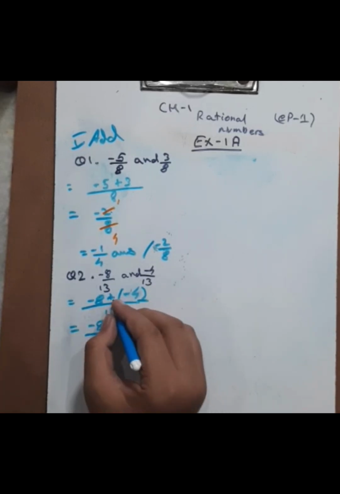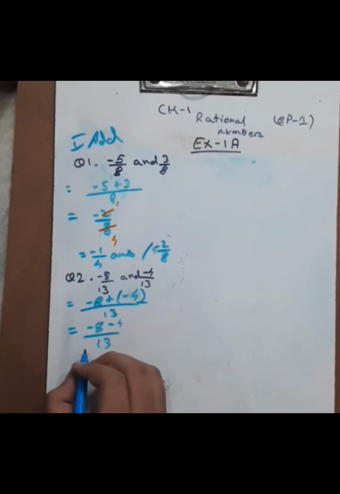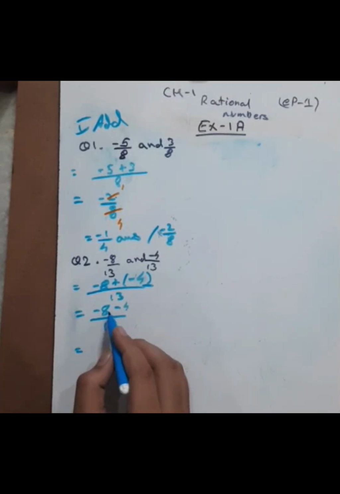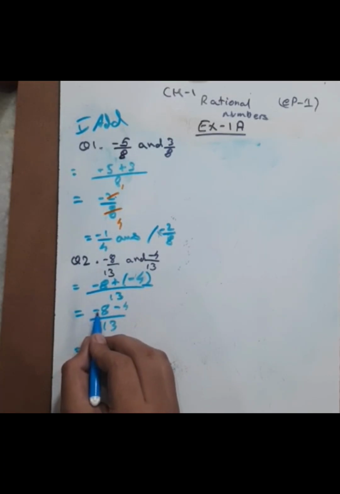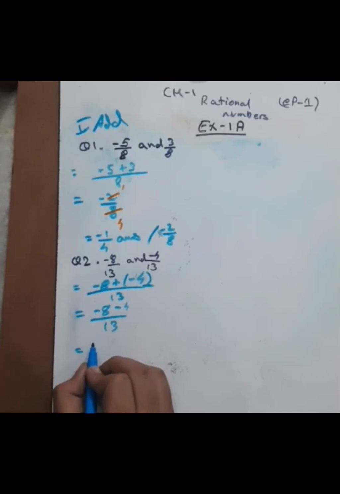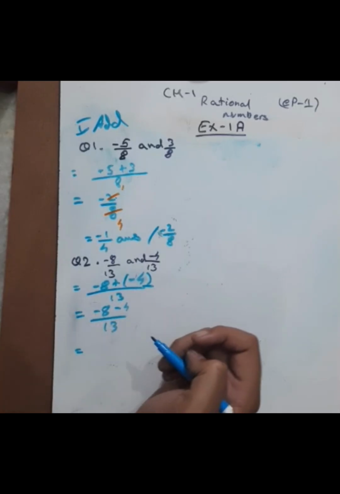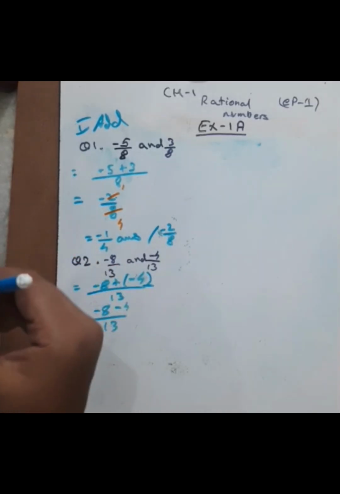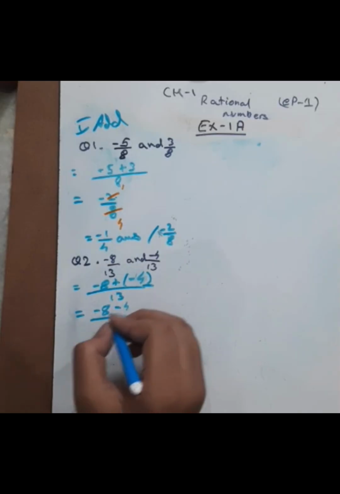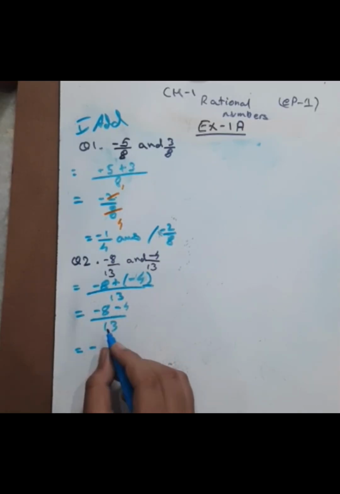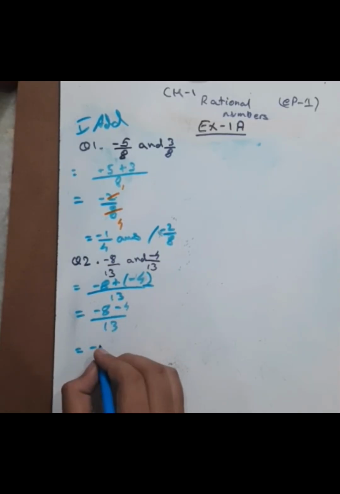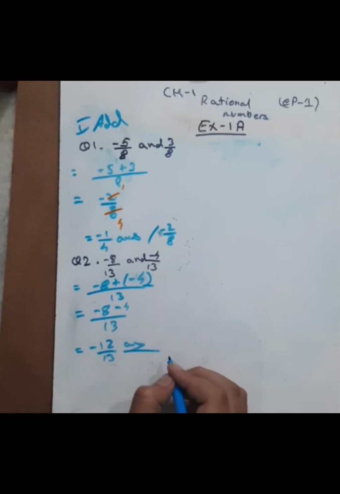So the numbers will be added, but the sign will be minus, because the greater number is 8, and the sign of the greater number is to be written down. Minus how much? 12. Minus 12 by 13. This is the answer.